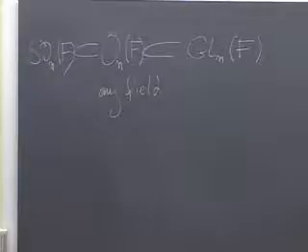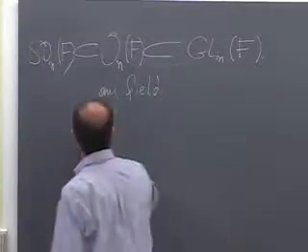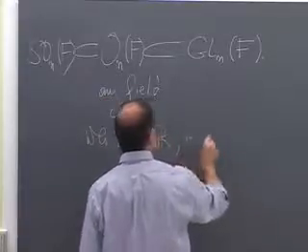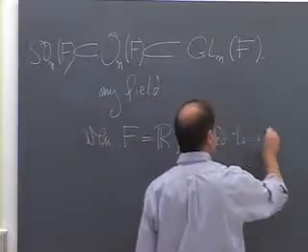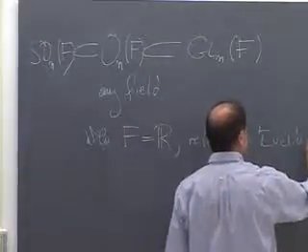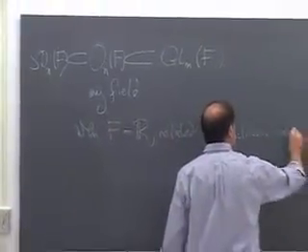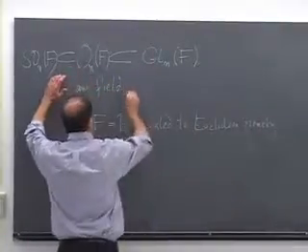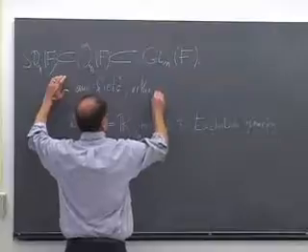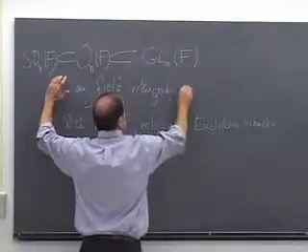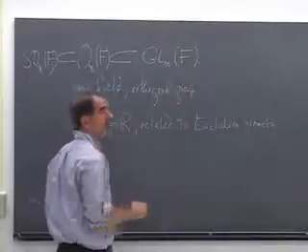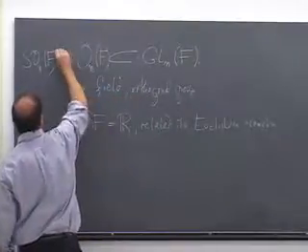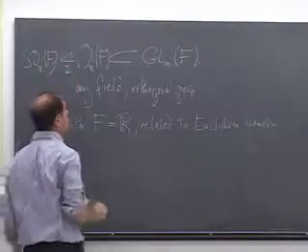And then we're going to take a look at this when F is equal to R. It's related to geometry, in fact, Euclidean geometry. This group, by the way, is sometimes called the general linear group. These are called the orthogonal groups, that's why the O. And this SO stands for special orthogonal group. You'll see what that is. That's a normal subgroup of the orthogonal group. And in fact, the index is 2, so it's rather simple.